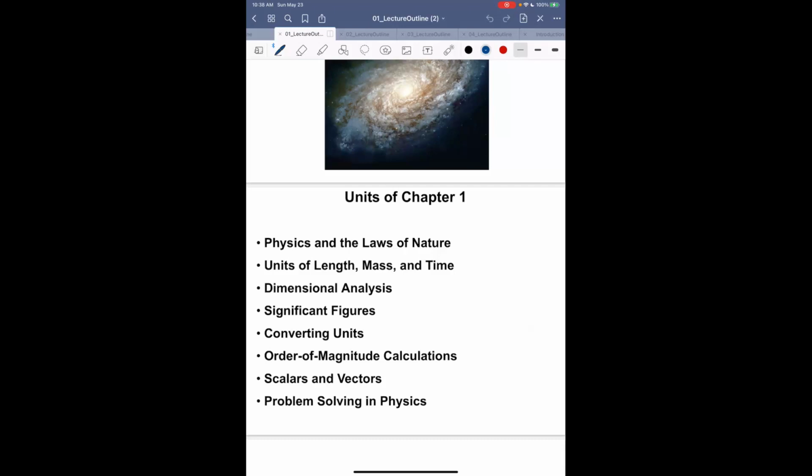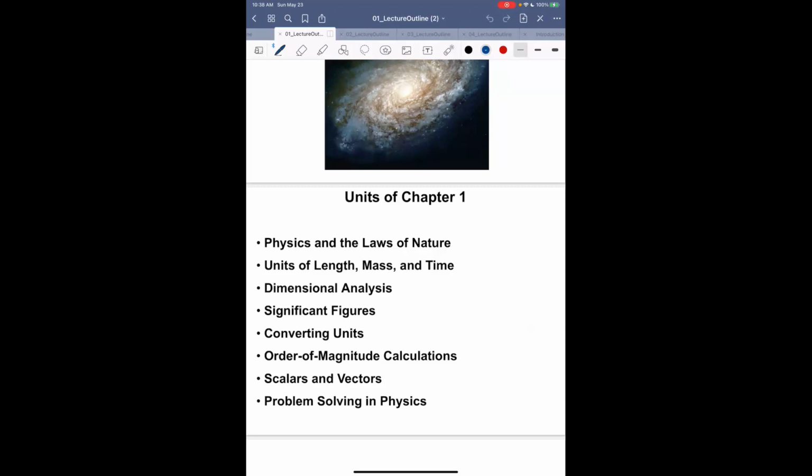We're going to talk briefly about scalars and vectors, because this is a key point in identifying quantities in physics and how we are going to deal with them, and what the methods for problem solving are, the techniques that we are going to introduce day by day throughout the course.